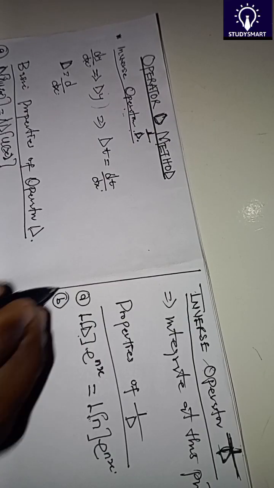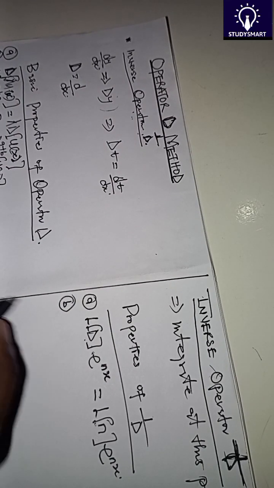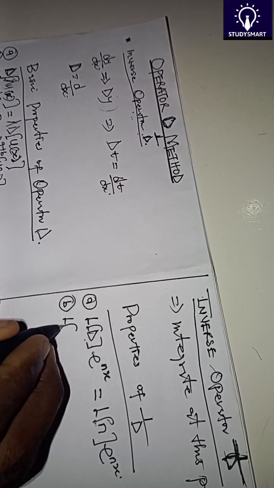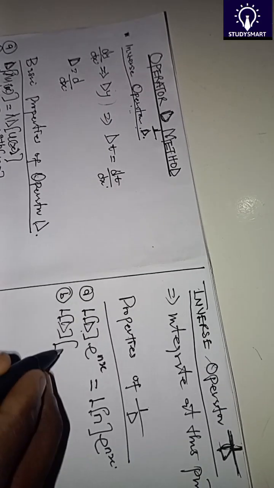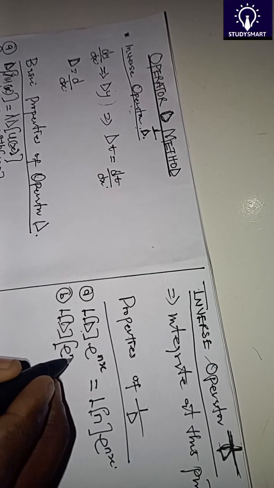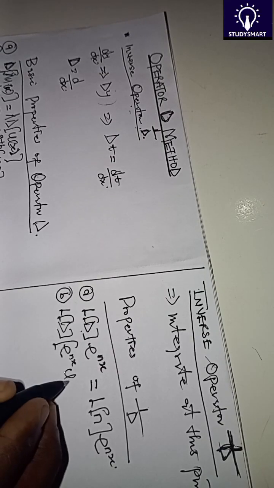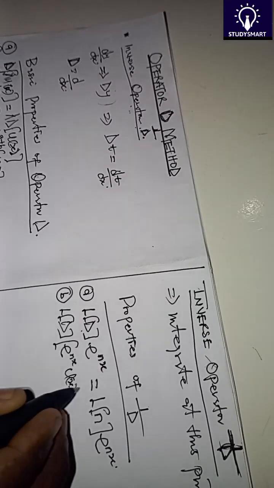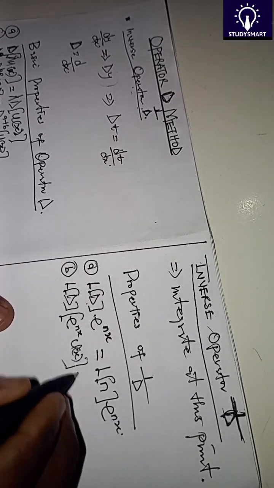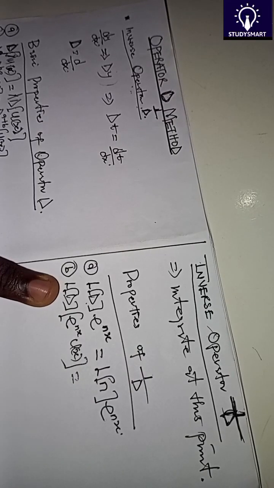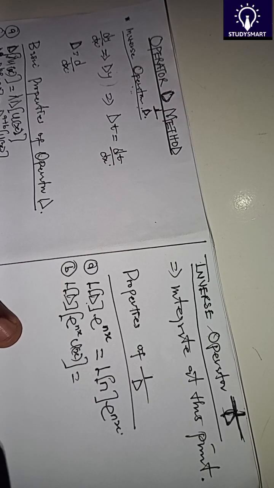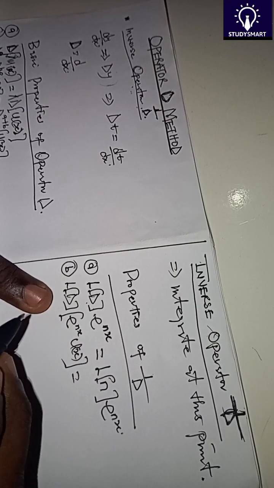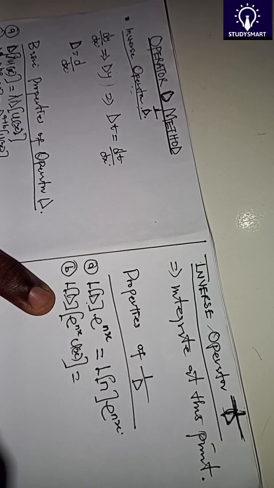Second property, if I have L of D, and I have exponential nx, then u of x, right? On u of x, what I'm going to do in this case is replace D here. The idea here is very simple.